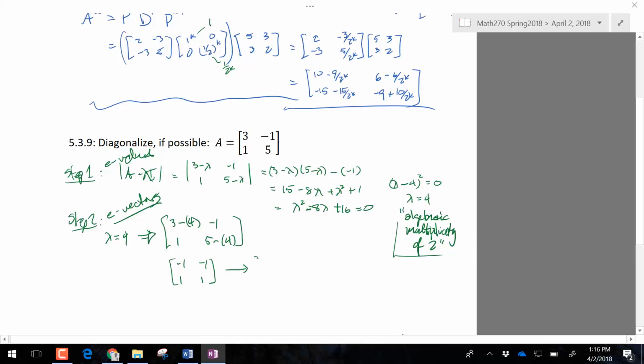And we can get rid of the whole bottom row. And that means x2 is a free variable. And then x1 is equal to negative x2 if we bring that to the other side. And so our solution is going to be x2 times -1 for the top, 1 for the bottom. And it looks like we only have one.